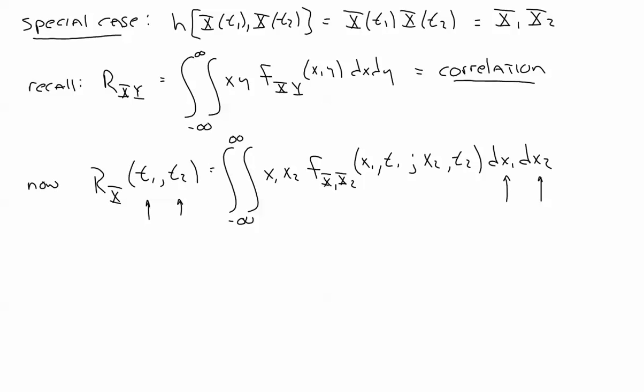All right. Now, this thing is now going to be called the autocorrelation. Previously we just called it correlation. Now we're going to call it autocorrelation because in effect what I'm doing is comparing a single random process, x in this case, to itself at some other instant in time.